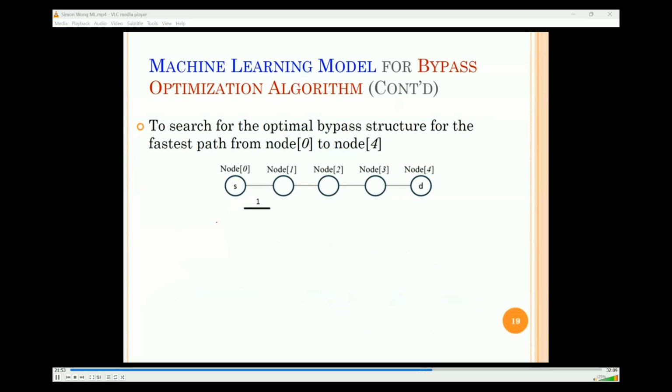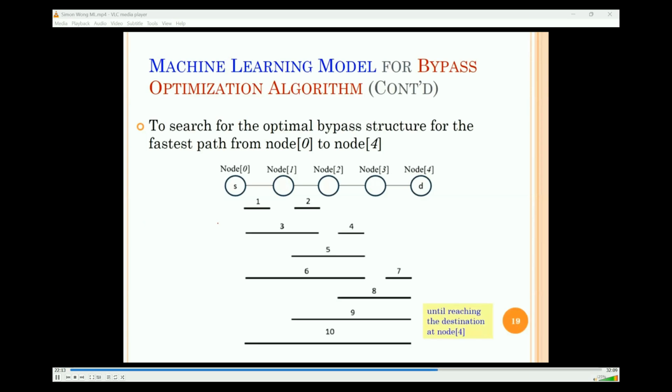Then step 2 finds the optimum bypass for the 1, 2 block. And step 3 finds the optimum bypass structure for the 0, 2 block, and so on, until reaching the destination at node 4.